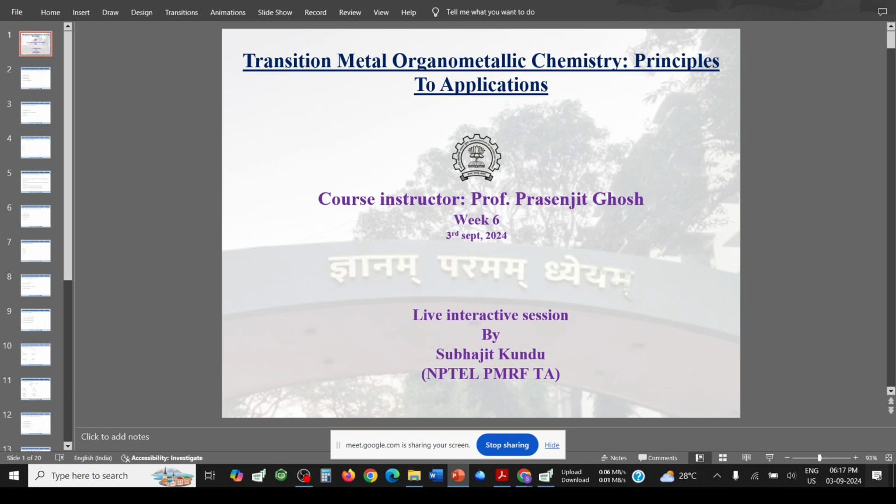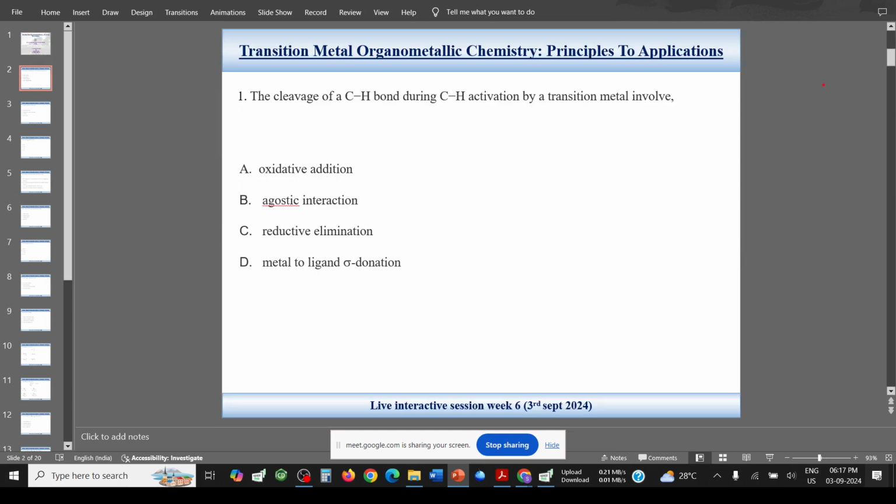Welcome again to this problem solving session for the course Transition Metal Organometallic Chemistry: Principle to Application. So in week 6 we have covered CC activation, CH activation, as well as CF activation, that is all the different types of sigma alkyl complexes.